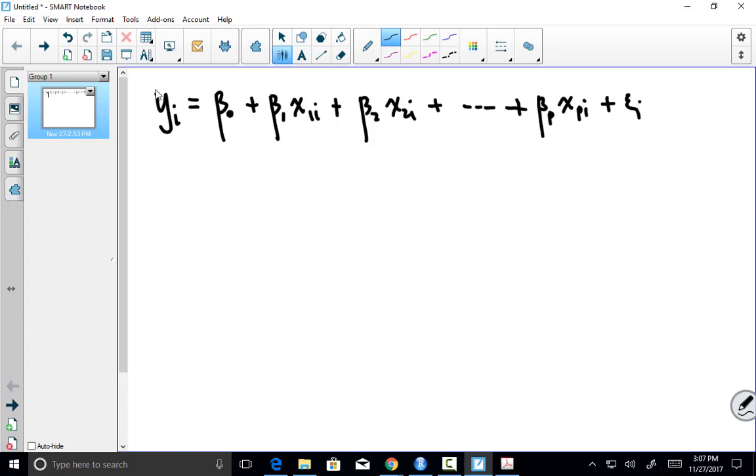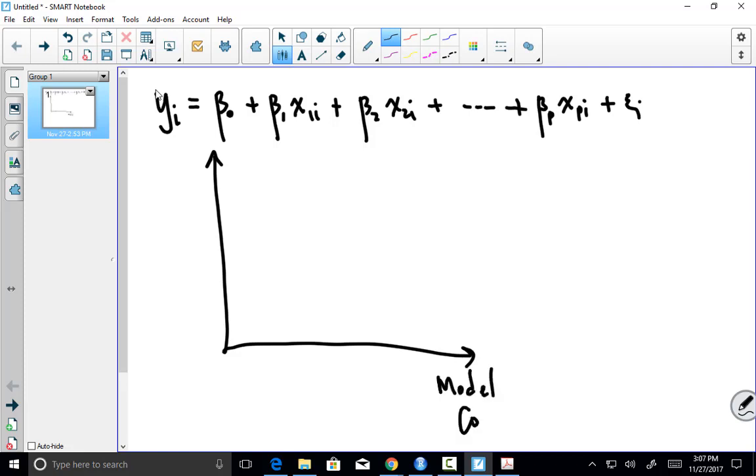But remember, we've talked about trade-offs between model complexity and operating characteristics of a model. So we might, for example, consider accuracy.